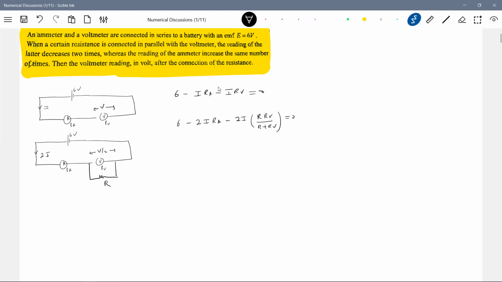This value is V by 2. IRV is this one. So V dash I'll write, it'll be easy for me. V dash should be equal to V by 2, whereas V dash should be equal to 2I R RV by R plus RV. That V dash is some value we have to find out.